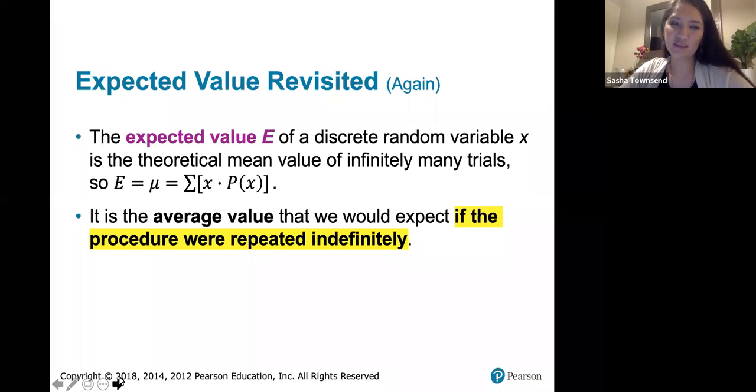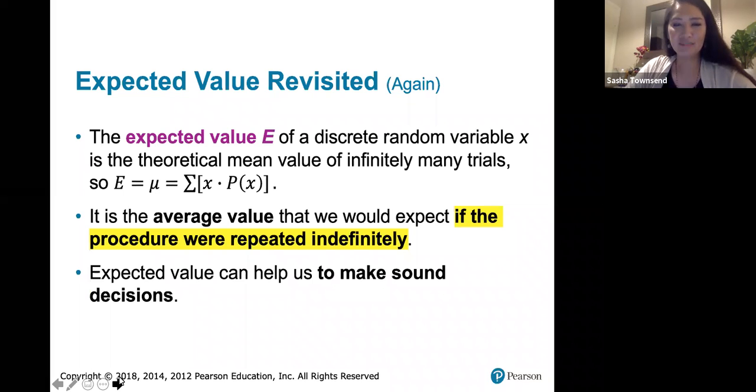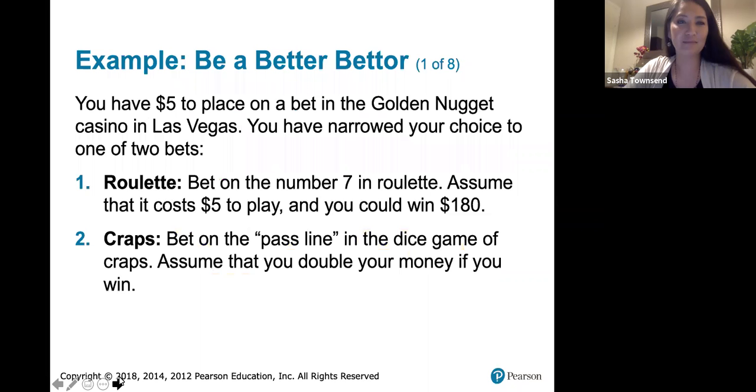So you can think of this as the average amount that you would win or lose if you were playing for a really long time, in a limiting sense, if you were playing forever. This can help us to make sound decisions.